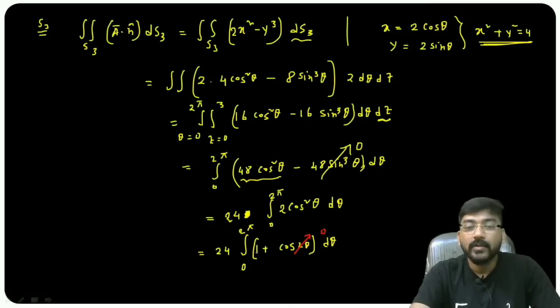So the only term will be 24 into 2π, which means it will be 48π.